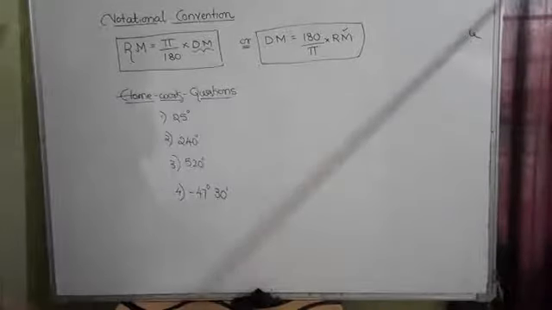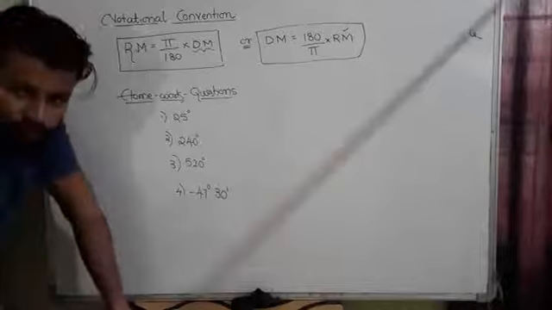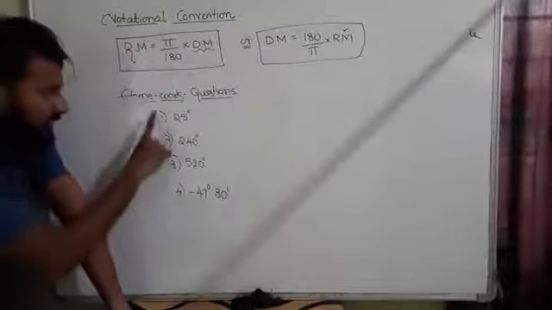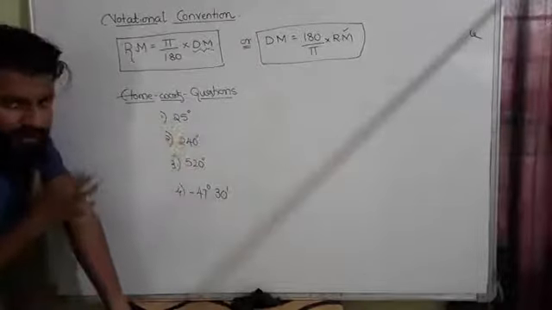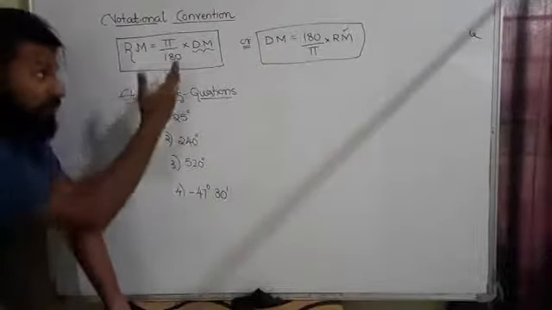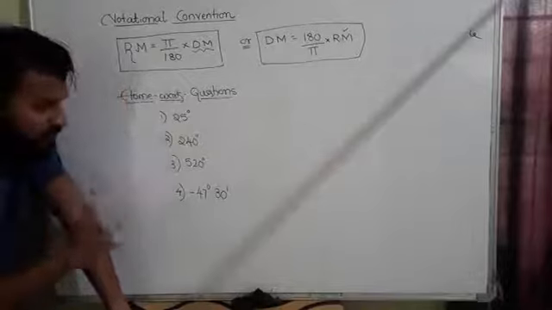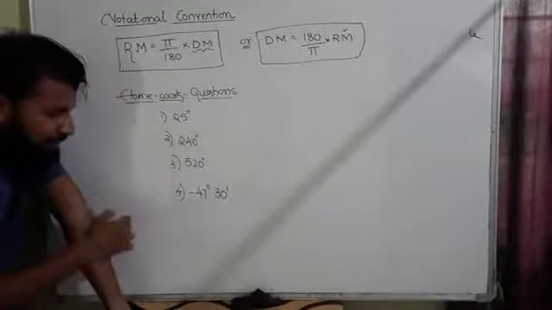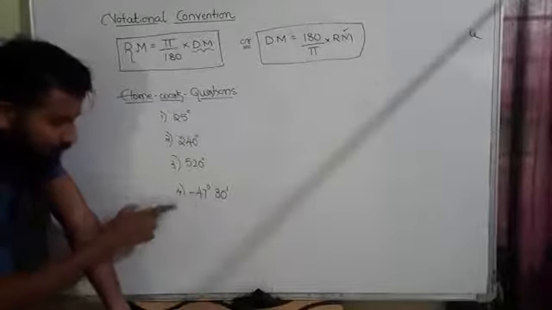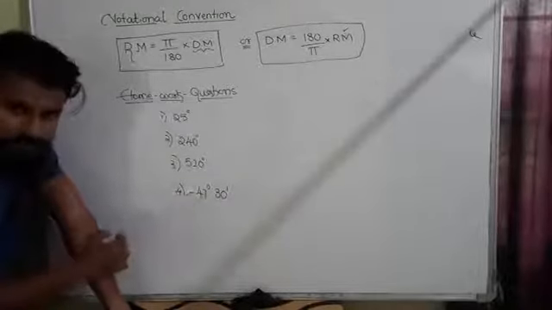Well, dear students, these are some of the homework questions I want to give you. That is, convert all these 4 angles into radian measure. Again, you have the formula here itself. You just need to substitute in the formula and give me the answer. I think the first 3 you can do by yourself very easily. The third one and the fourth one have a negative sign.